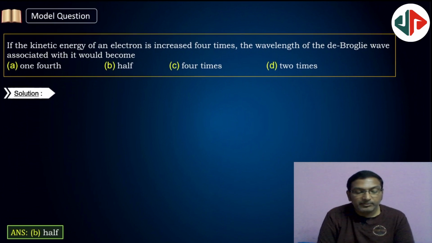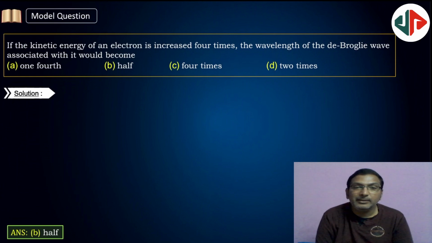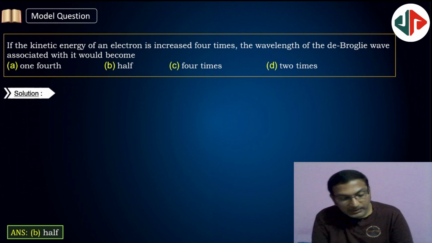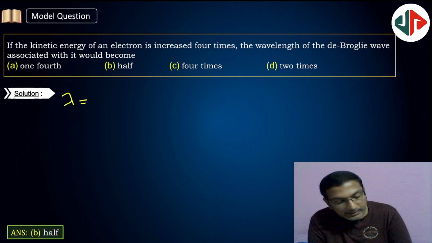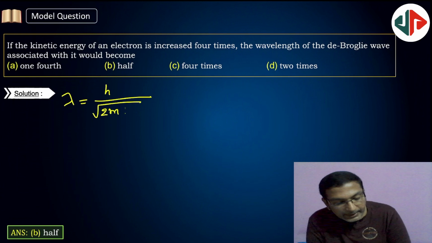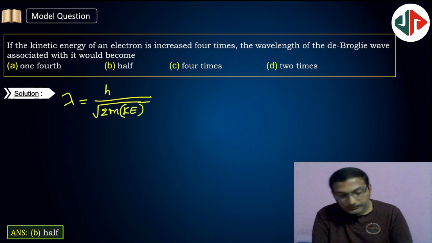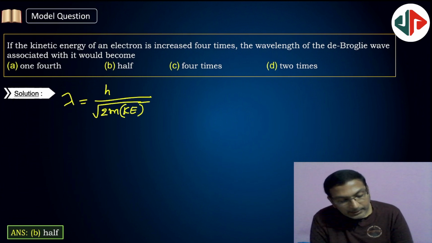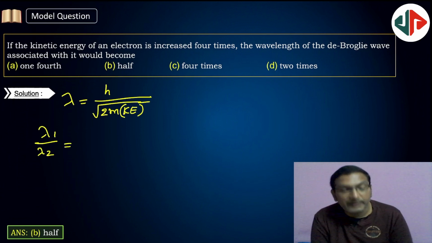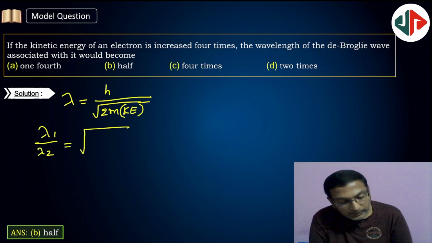If kinetic energy of electron is increased by 4 times, then wavelength of de Broglie's wave associated with it would become. Simple question. De Broglie's equation, lambda equal to h by root 2m KE, kinetic energy. So here m is constant. So I am taking ratio lambda 1 by lambda 2, initial and final values, root over KE2 by KE1.